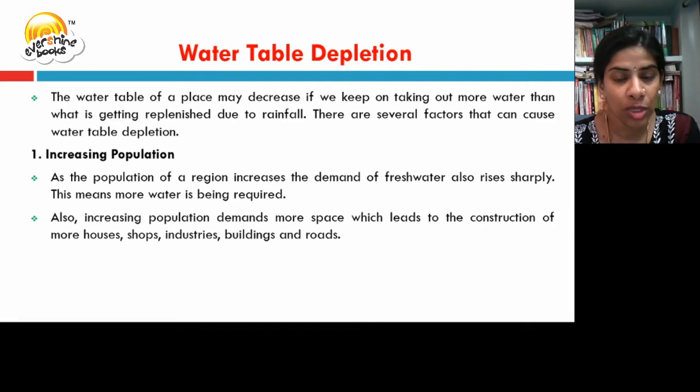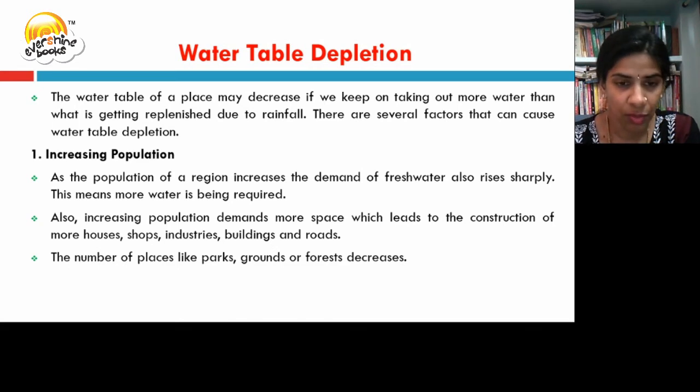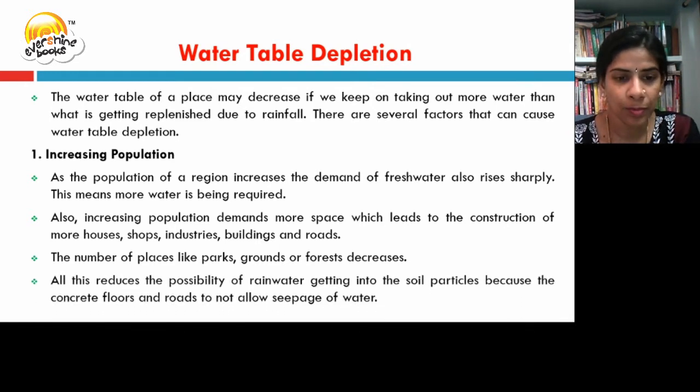So the forests, parks, and other areas are destroyed. All this reduces the possibility of rainwater getting into the soil because all the buildings, industries, and roads provide concrete floors. So water cannot seep into the soil.